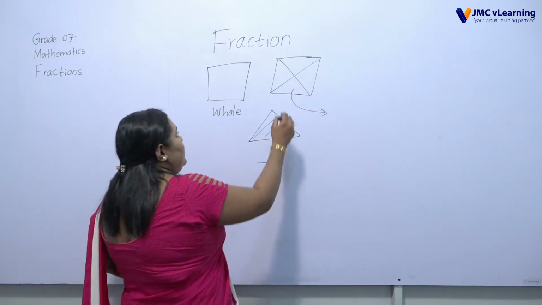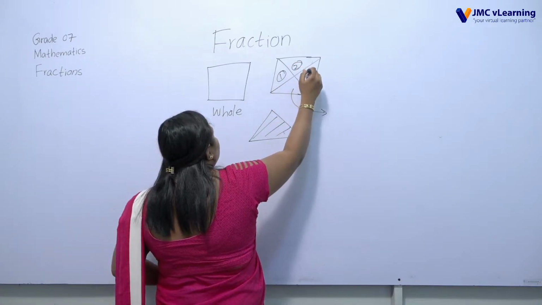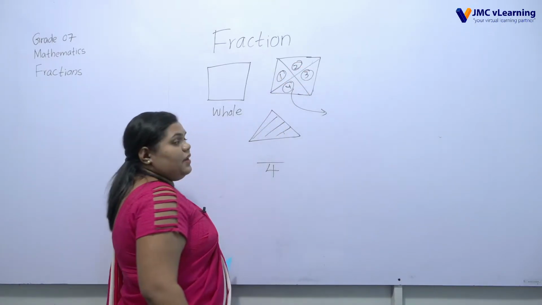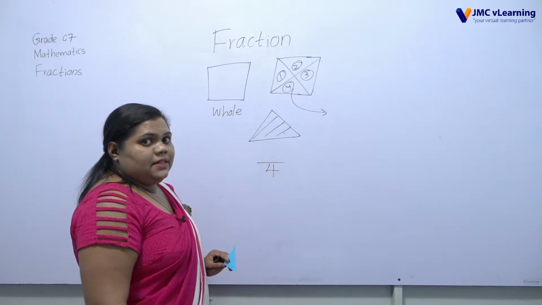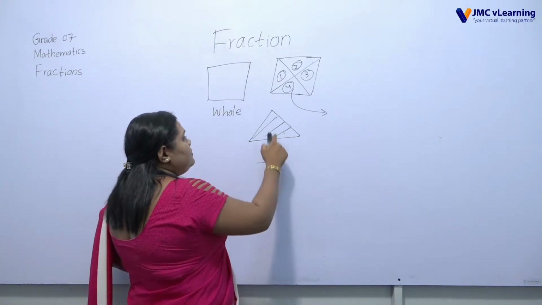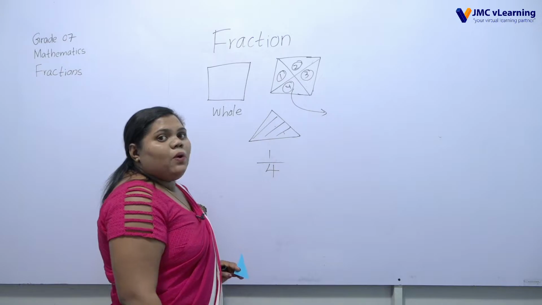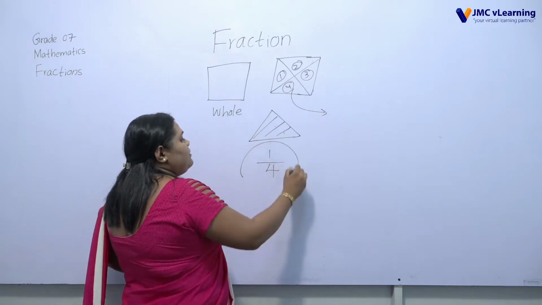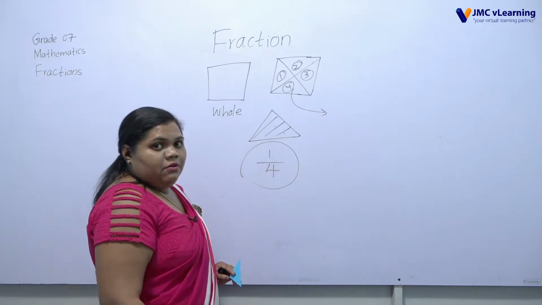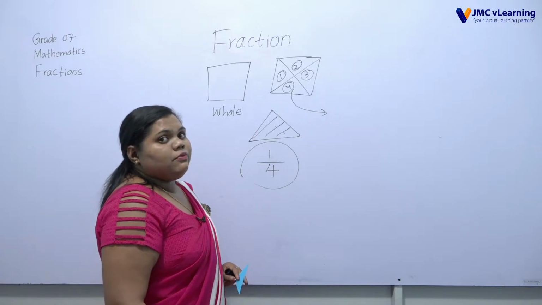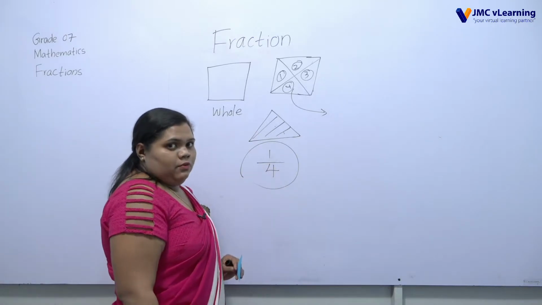How many parts are there? 1, 2, 3, 4. There are 4 parts. And I have taken one part. So I can call that 1 out of 4, or 1/4, or 1 upon 4.